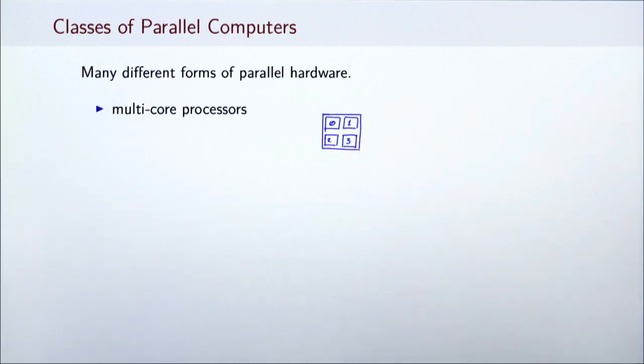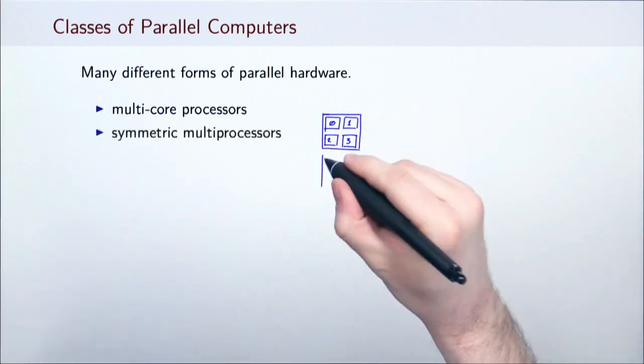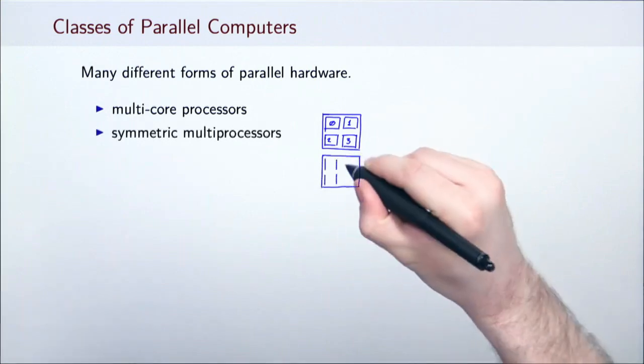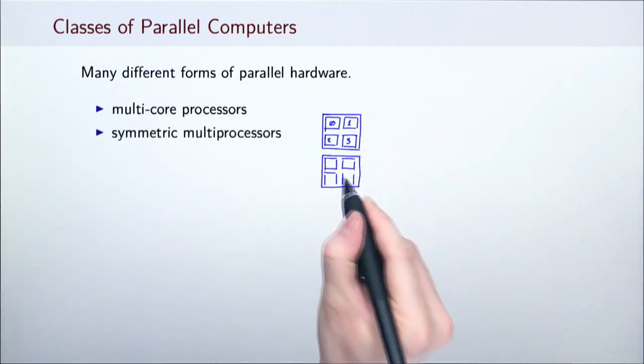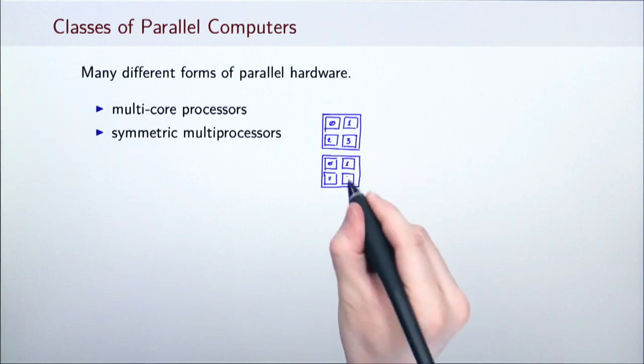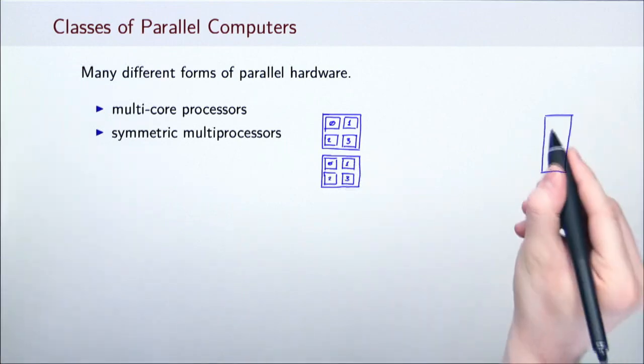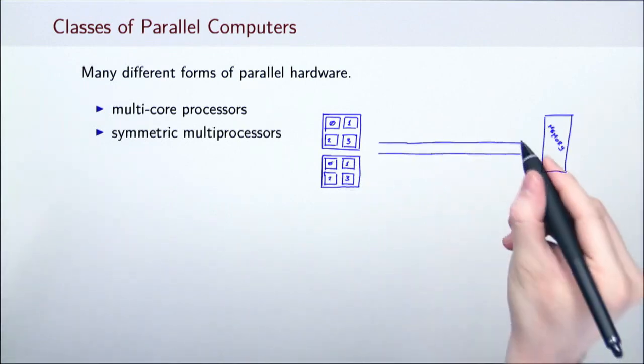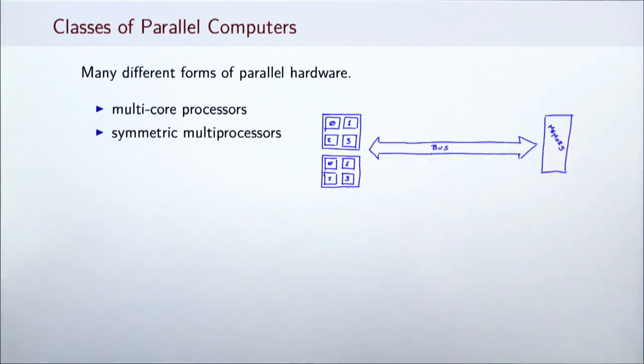Processor vendors such as Intel, AMD, ARM, Oracle, IBM, and Qualcomm produce different models of multi-core processors. A symmetric multiprocessor, or SMP, is a computer system with multiple identical processors that share memory and connect to it via bus. Here, multiple execution units are not on the same chip. An SMP itself can contain multi-core processors, as is the case in this illustration.